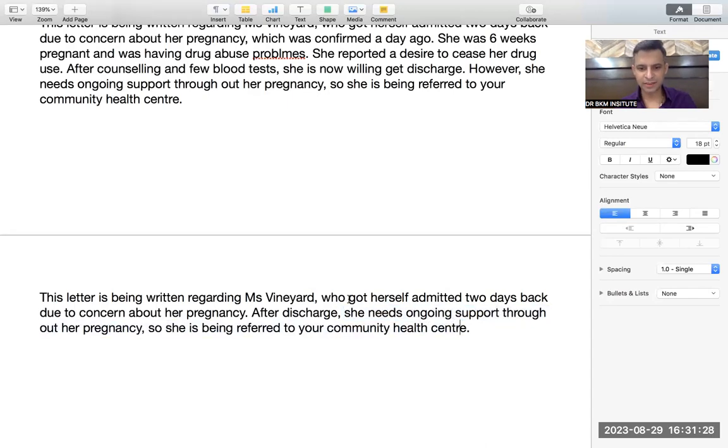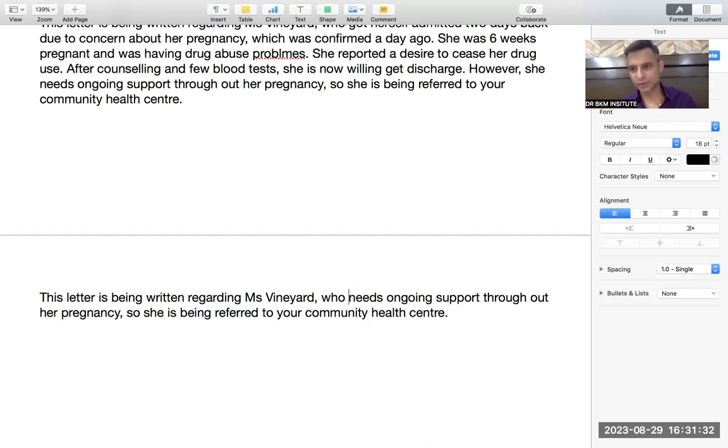Or you can simply write, this is also the purpose of the letter if you want to make it further simple. This letter is being written regarding Mrs. Vineyard, who needs ongoing support throughout her pregnancy. So she is being referred to your community health center. That's it. Even this much writing is fine. So you can pass your OET test with only this line as well.